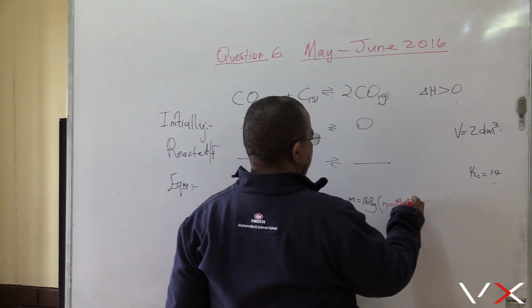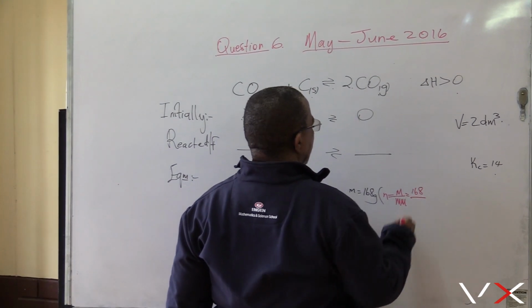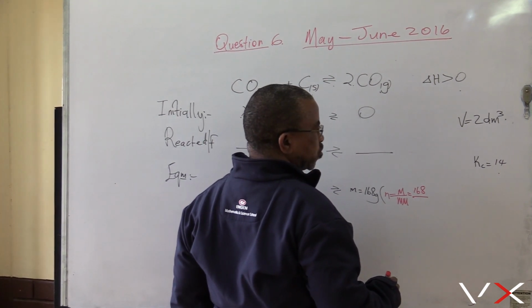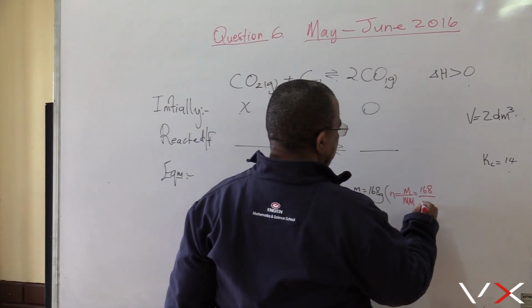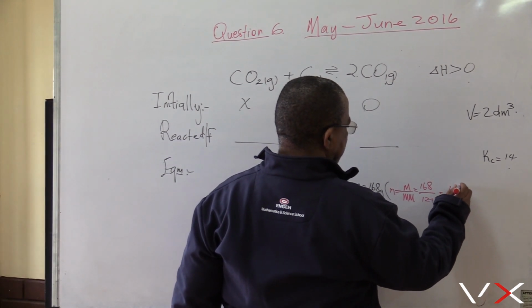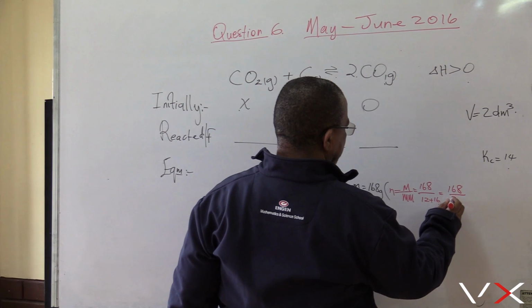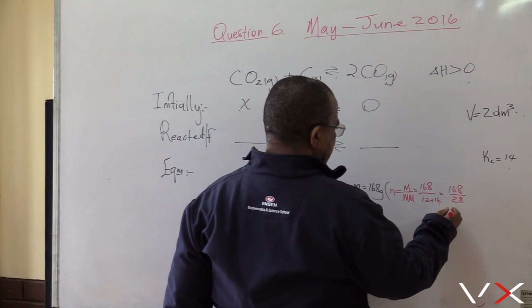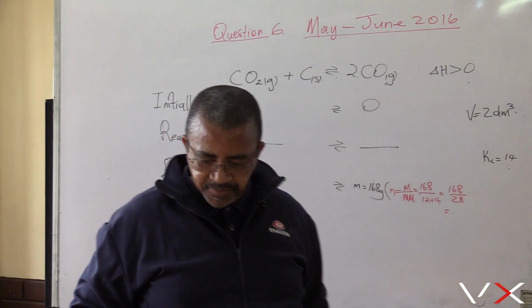Mass is 168. Molar mass of carbon monoxide: carbon is 12, oxygen is 16, 12 plus 16. So 168 divided by 28.